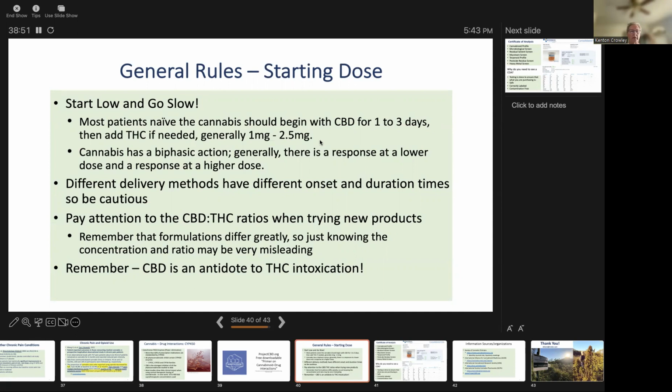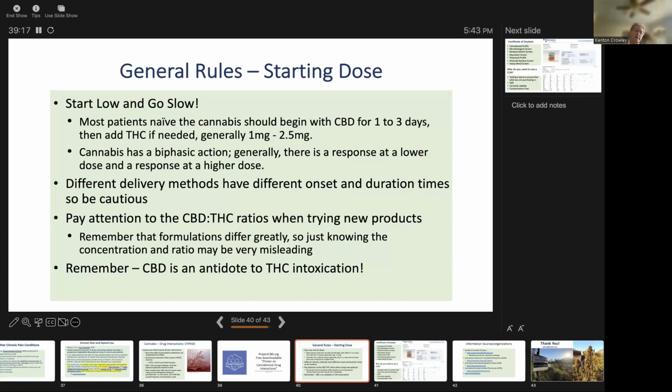In our clinic, any patient that's cannabis naive always starts with CBD, a minimum of 1 to 3 days, and we see whether that patient has any benefit, whether they're using it for anxiety or pain. You don't tell them to change any of the medications that they're on. You just say, add it and let's see what happens.